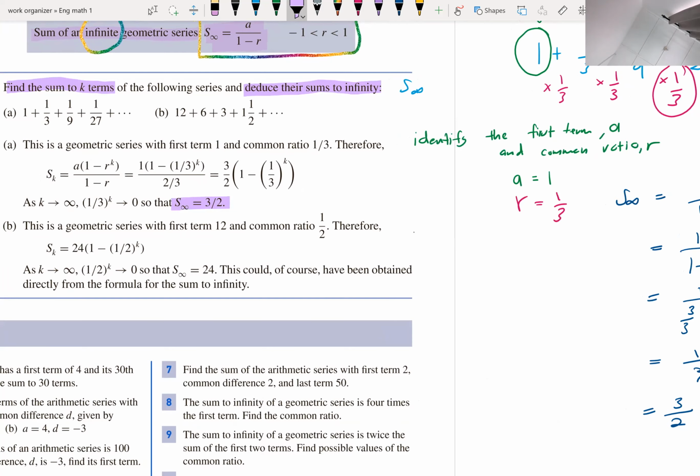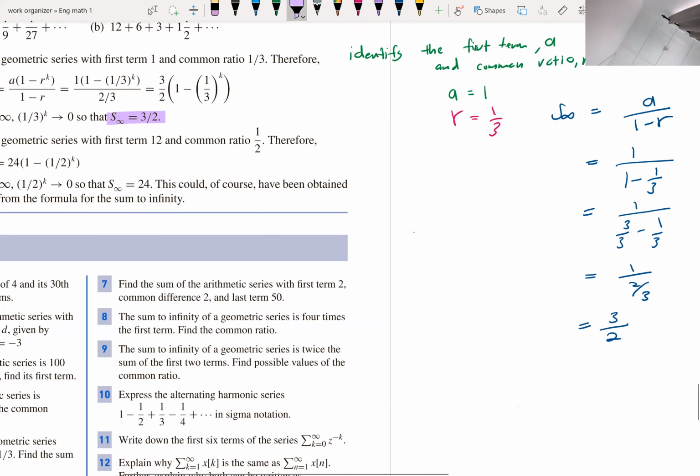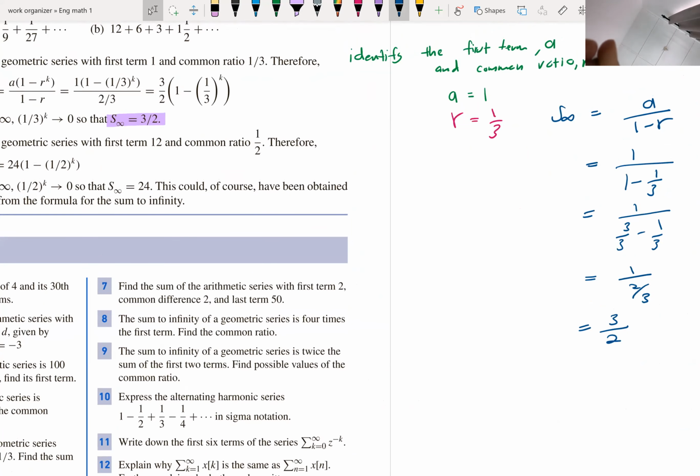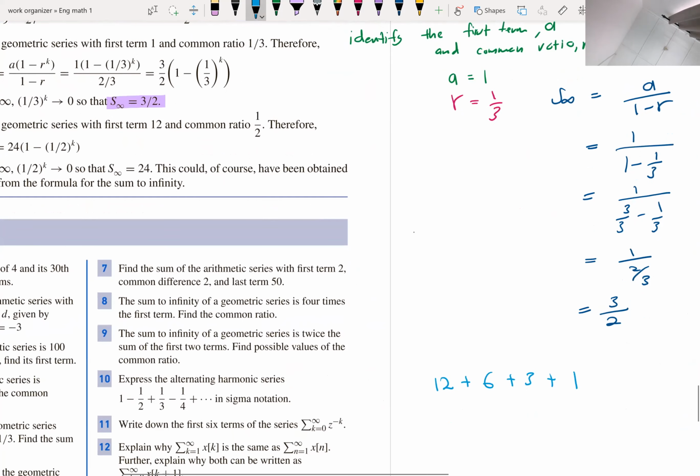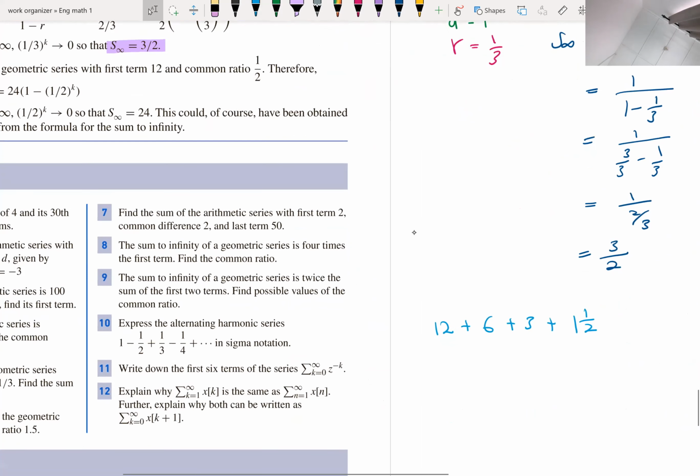Next for B, this will be 12 plus 6 plus 3 plus 3 over 2.